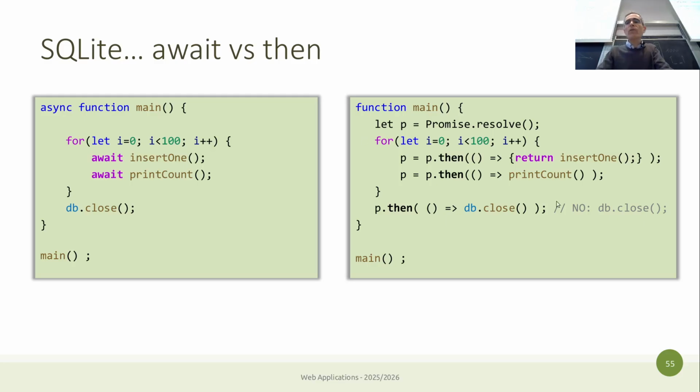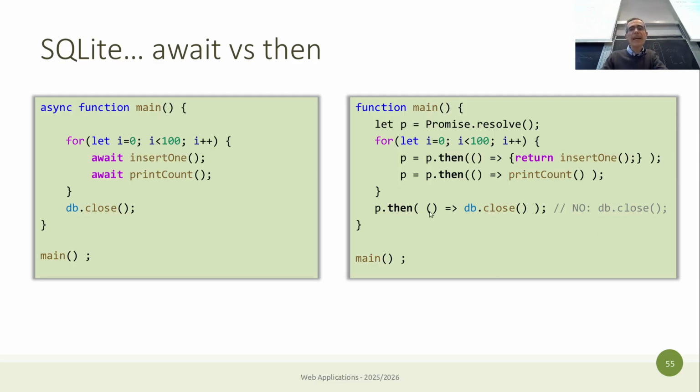Just be careful of the fact that here you cannot simply write db close as you do here on the left, because the db close is the operation that must be done at the end, right? So it's the last operation to be done, and so it must be put into a callback that is attached to the last fulfilled promise. Okay?